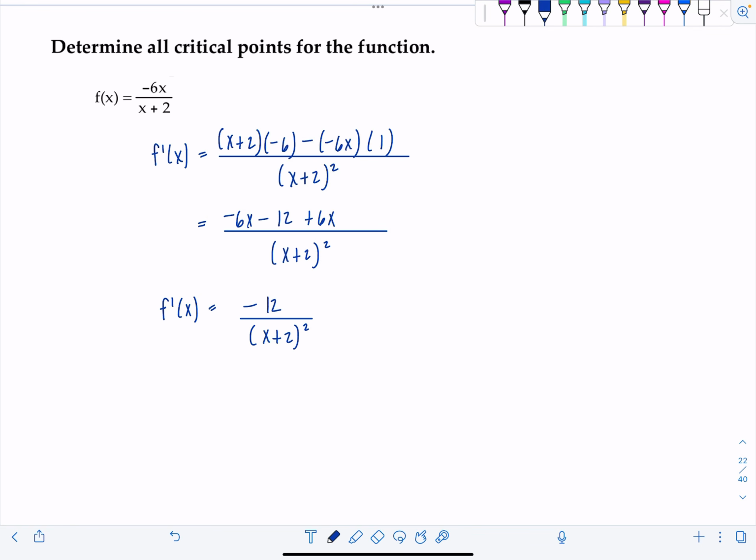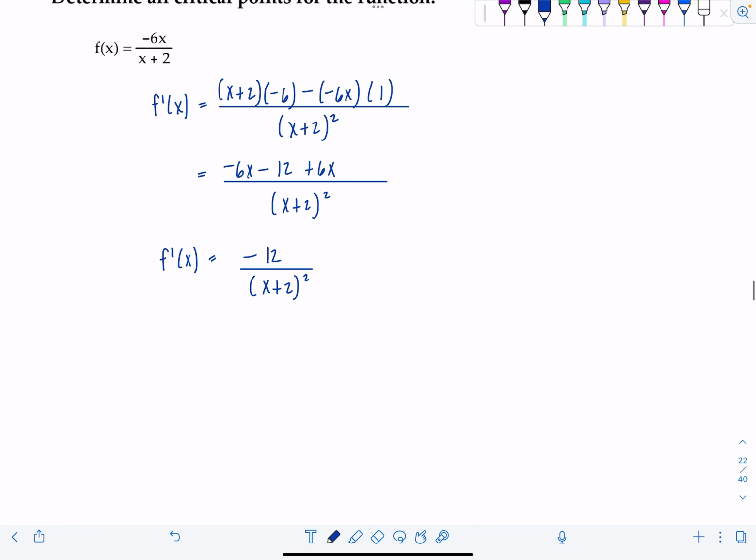Okay, no problem there. Now, when you look at it a little bit further, you notice that the numerator is just a constant. So that means that the numerator is never going to be 0, right? So the first place when you're looking for critical values is, where does f prime of x equal 0? Nowhere, so we have no critical values from there. What about where f prime of x does not exist?